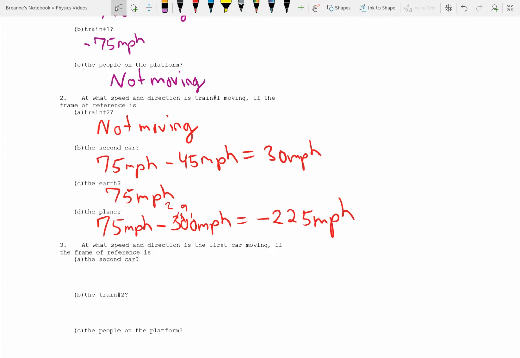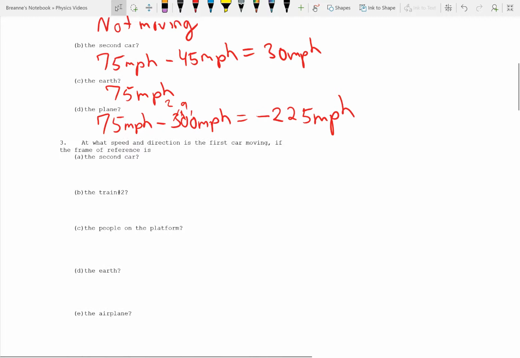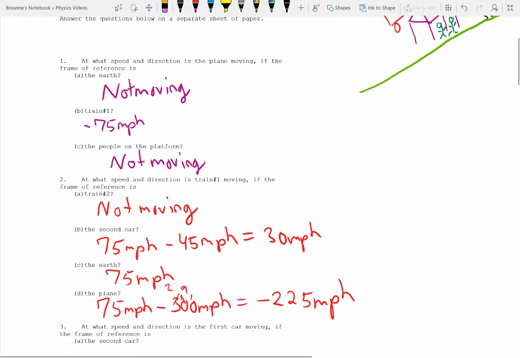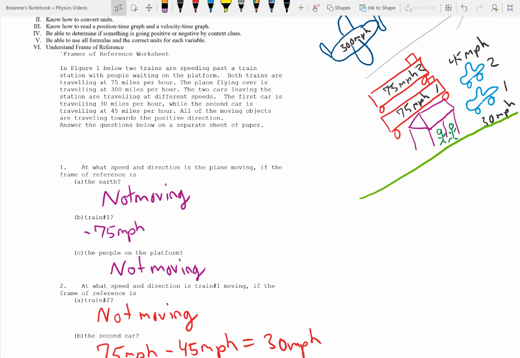So we're trying to do train 1, so train 1 has got to go first, minus whatever the object we're comparing to. So what is the speed and direction of the first car if the frame of reference is the second car? Again, you can just start subtracting.